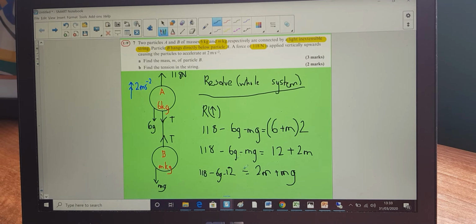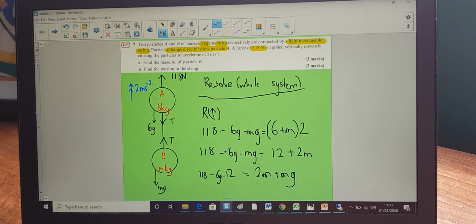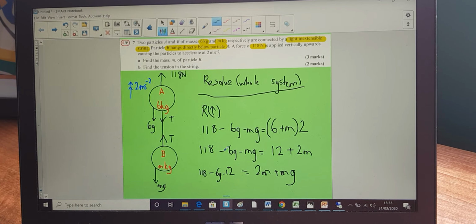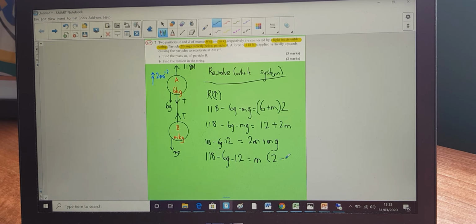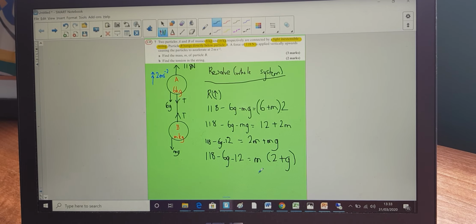Now I want to know what this m is, so I'm going to factorize. 118 minus 6g minus 12 equals m times 2 plus g. Now I've got m on its own, that's great. Divide both sides by 2 plus g.